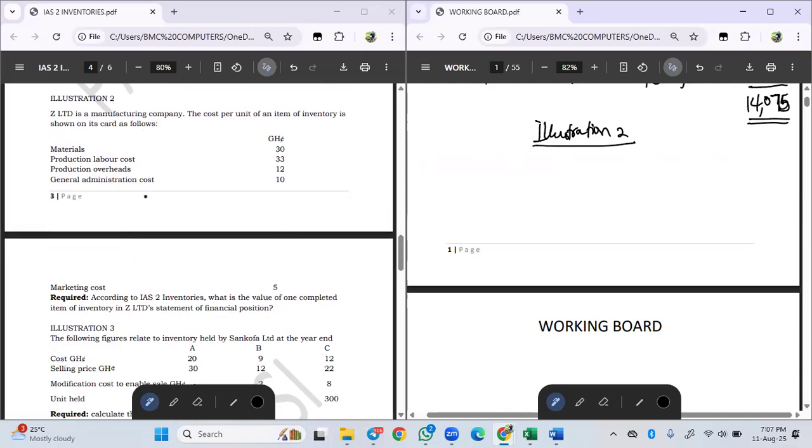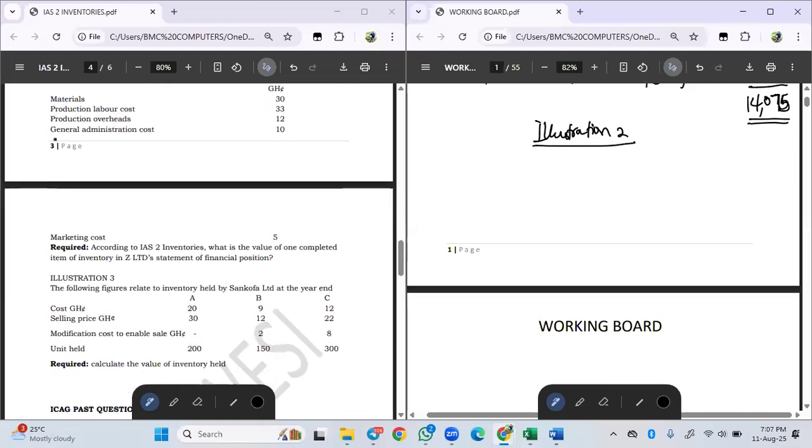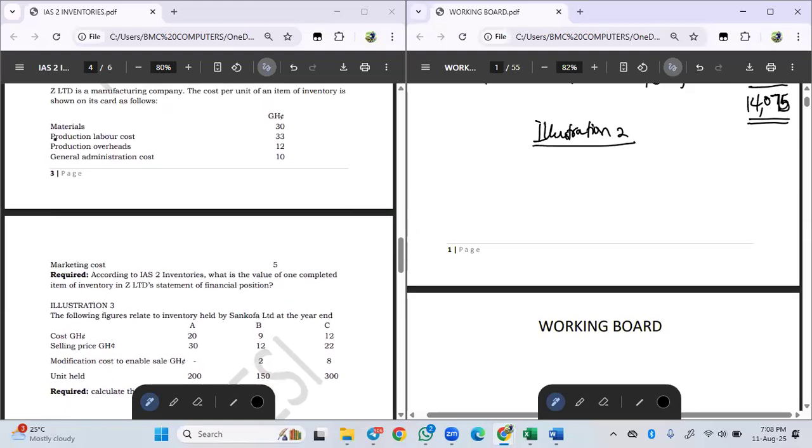The cost per unit of an item of inventory is shown on its card as follows: materials, production labor costs, production overhead, general administration costs, then marketing costs. Required: according to IAS 2 Inventories, what is the value of one completed item of inventory in Z Limited's statement of financial position?